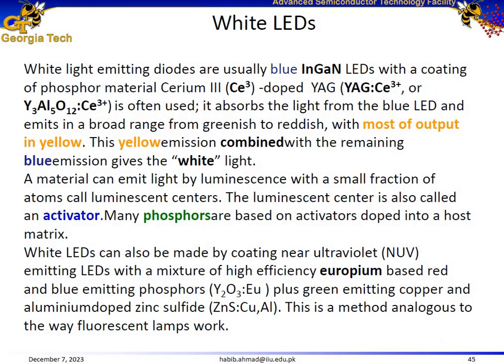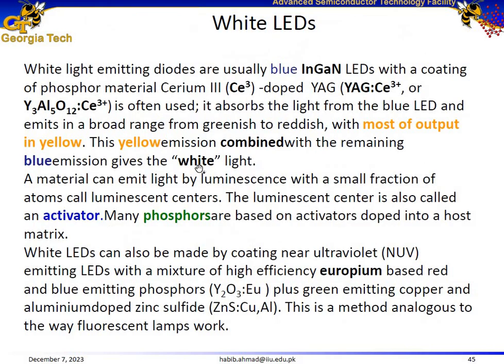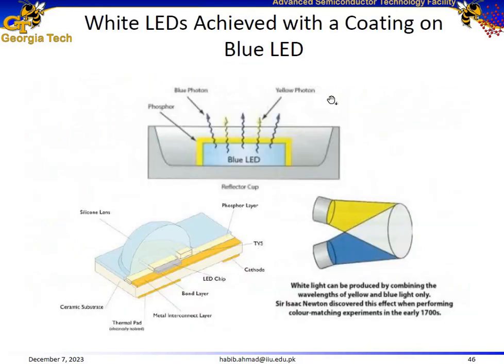One application of light emitting diodes is white lighting, because we generally use white light for lighting purposes. White light can be achieved by a combination of either blue and yellow light, or by a combination of red, green and blue light. One way to achieve white light is to use a blue light emitting diode and grow a yellow phosphor on top of it, where the phosphor is cerium doped yttrium aluminum garnet.